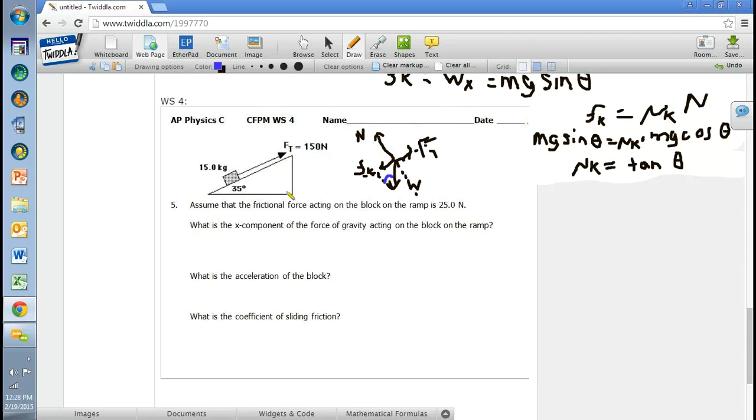All right, the first question says, what is the x component of the force of gravity? I haven't drawn it in here, but that's this side right here. What trig function is going to help me find that?